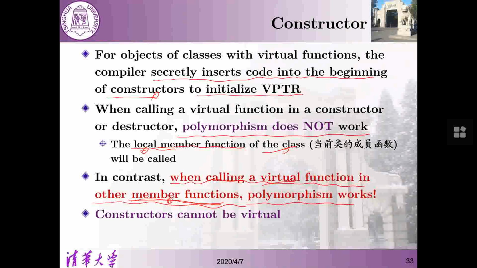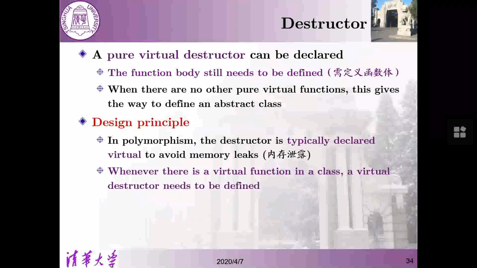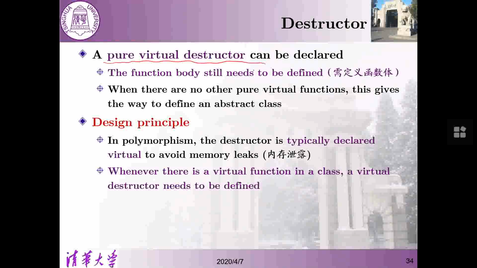Constructors cannot be virtual. However, a destructor can be virtual. And we can also have a pure virtual destructor. So by defining a pure virtual destructor, we have an easy way to define an abstract class, right?